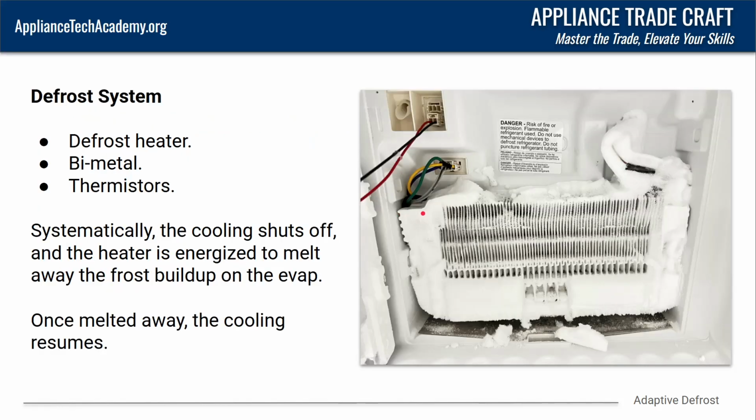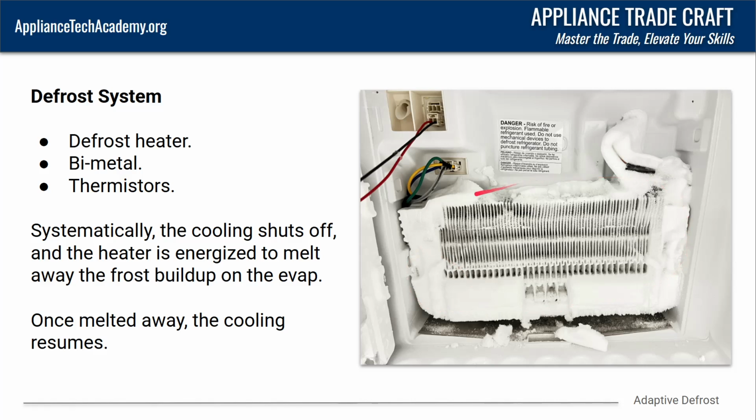So let's start with the basics. You got the defrost system. On most units or older units, it's going to consist of a bimetal, defrost heater, or some thermistors. Now, systematically, the cooling shuts off and the heater is energized, and that's to melt away all the frost buildup on the evaporator.